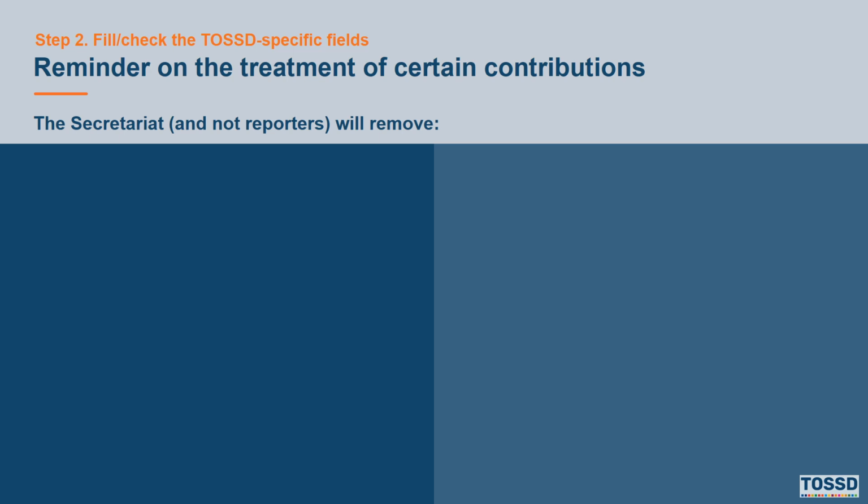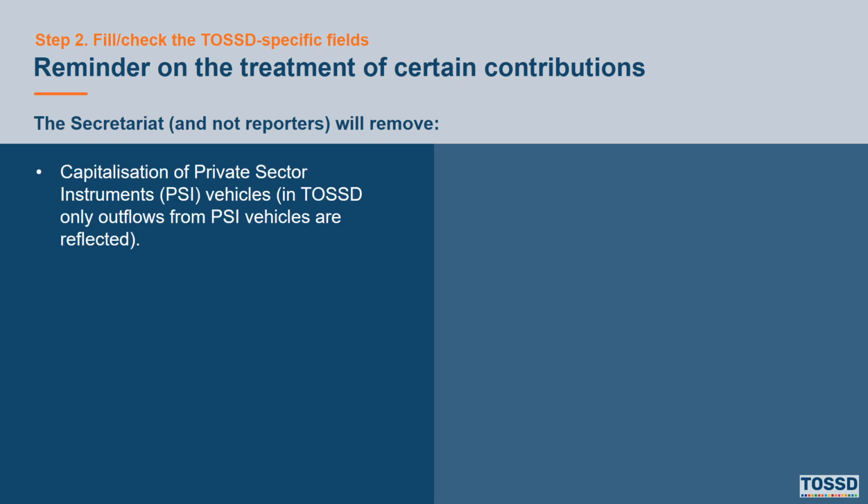Now we will look at a number of contributions that have a specific treatment in QSST. On one hand, the Secretariat and note reporters will remove the capitalization of private sector instrument vehicles.